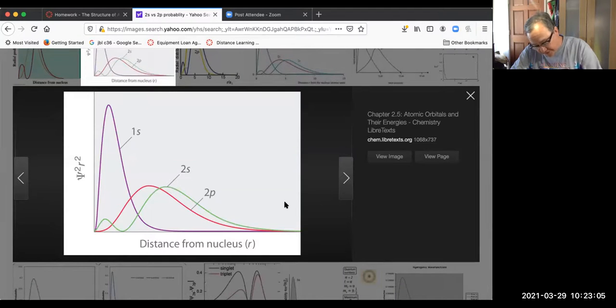Here's the 1s. So with this little hump, the 2s penetrates better. So Z star is greater. And if Z star is greater, that means that 2s is more stable. Compared to what? Then 2p.